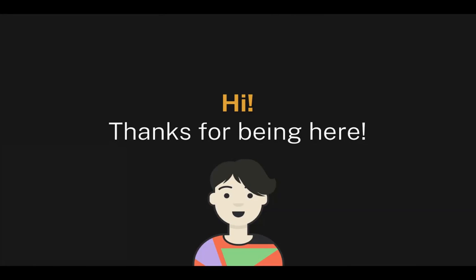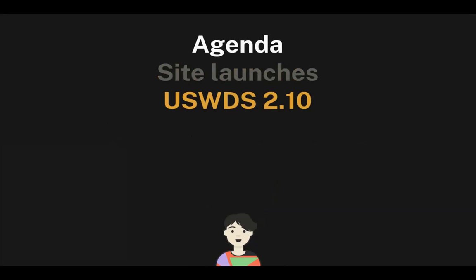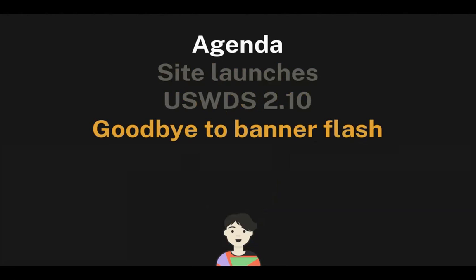And with that, let's get started, because we've got a lot to show. First, some nice new site launches. And then we'll start to dig into our most recent release, USWDS 2.10, and look at some of the smaller improvements and bug fixes contained in this release. And then we'll finally bid a fond farewell to our banner flash issue with something we're calling the USWDS initializer.